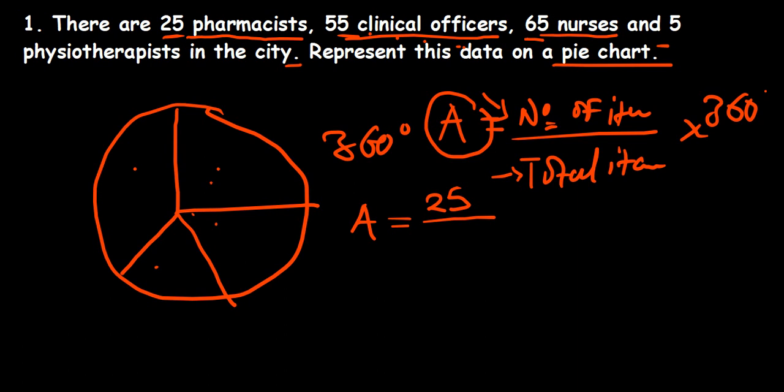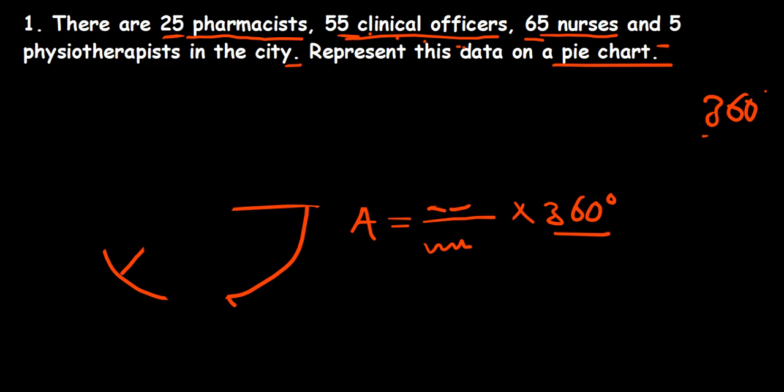That result you multiply by not 100, but 360, because angles are measured in degrees. This is the approach we are going to be using. I'm just explaining a summary of what we will be doing.